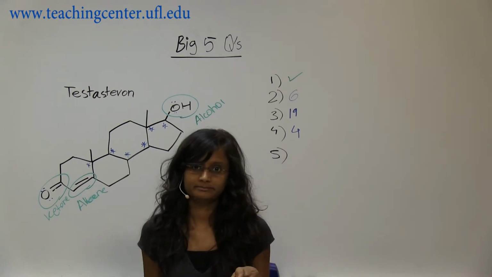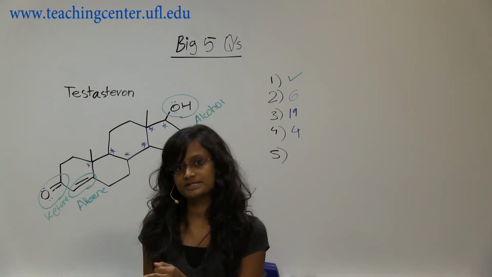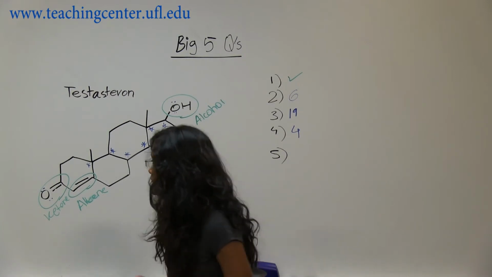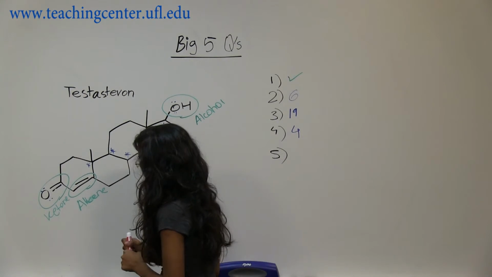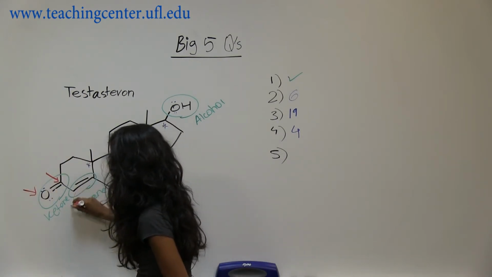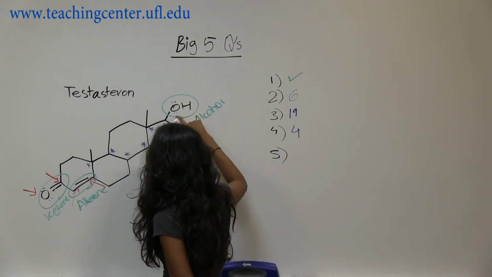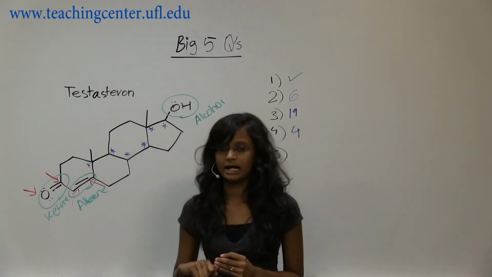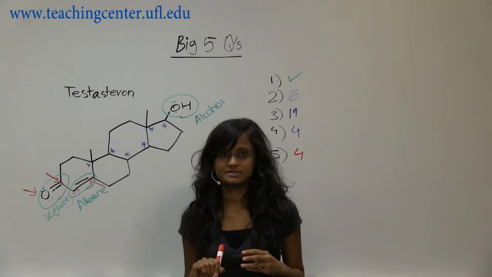I'm repeating again: a lone pair containing atom next to an sp2 system is always going to be sp2. Alright, so let's look up here. We have this oxygen, that carbon being sp2, that sp2, that's sp2. This is not, because it's not next to any sp2 system. So we have 4 sp2 hybridized atoms.